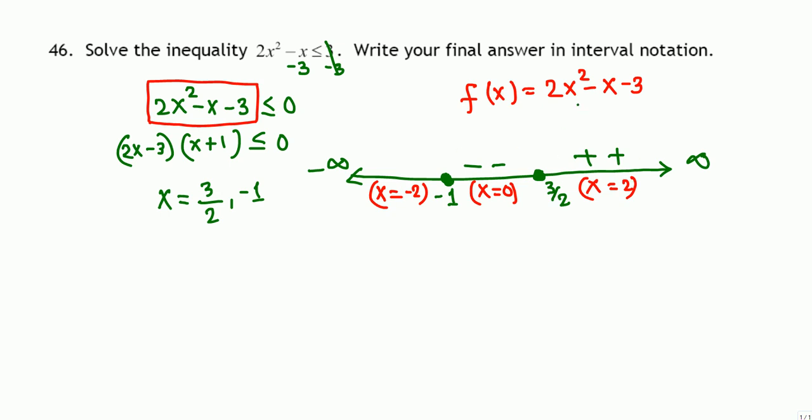And plug in negative 2 here. If you plug in negative 2, you are going to get a positive value as well. Negative 2 squared is positive 4, 2 times 4 is 8, minus negative 2, positive 2, minus 3, 10 minus 3 is 7, so positive 7. You can use your calculator.